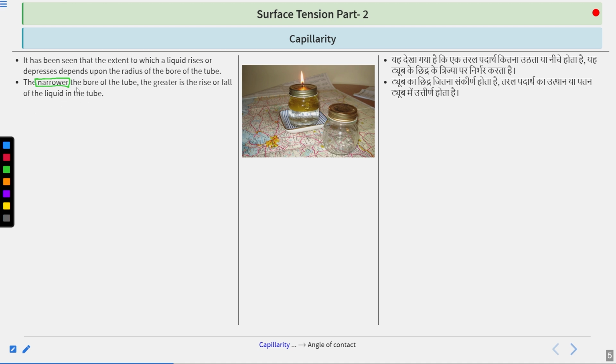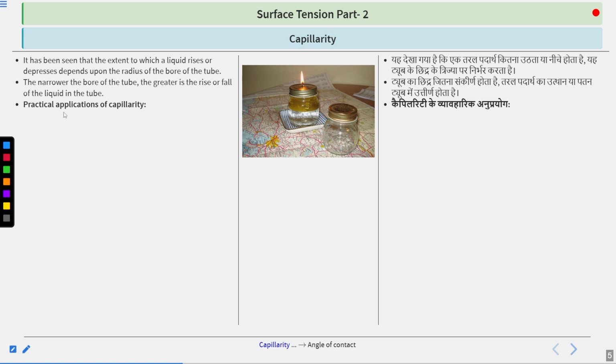If the bore of the tube is narrower, then any liquid that could rise will rise more, and any liquid that could fall will fall more. So rise and fall will be greater if the bore of the tube is narrower.